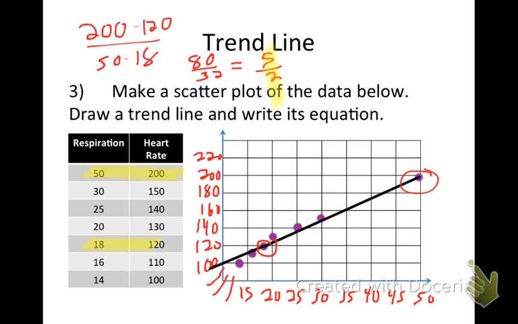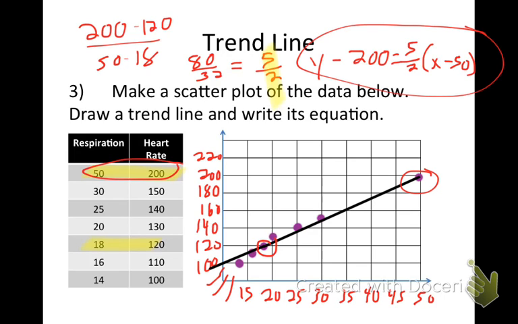Now I need to pick a coordinate. Which coordinate should I use? Does it matter? I'm going to pick 50, 200. I just like that one. So I'm going to say y minus, what's my y coordinate? Equals, what's my slope? Parentheses, x minus 50. And there's the equation of the line.